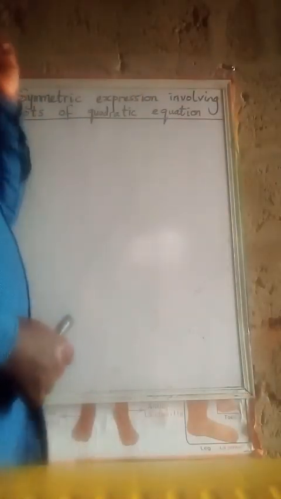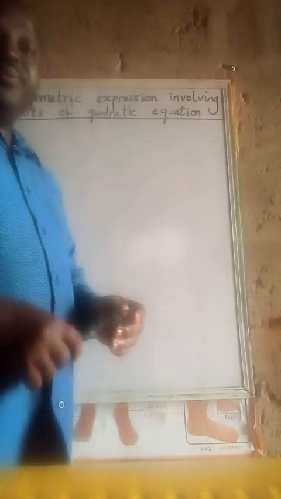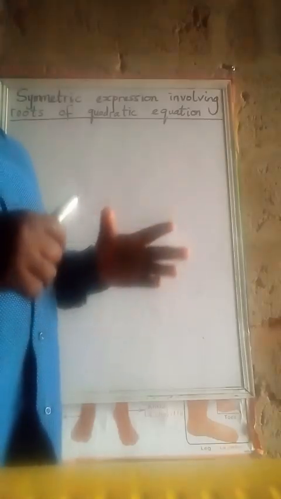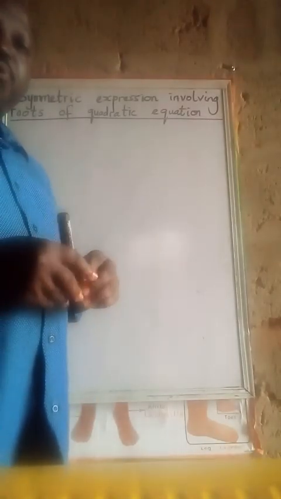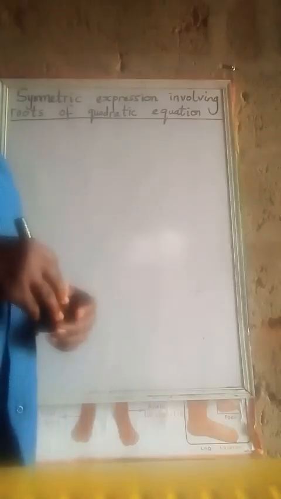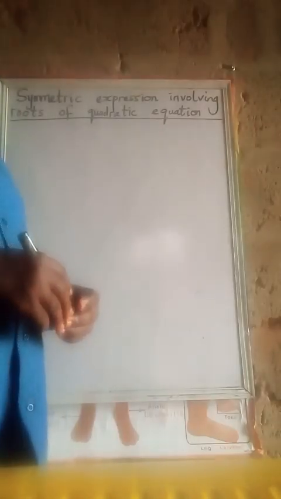In my previous video, we discussed the formula that you can use to find the roots of a quadratic equation, and to find the sum and product of the roots without first solving the equation.